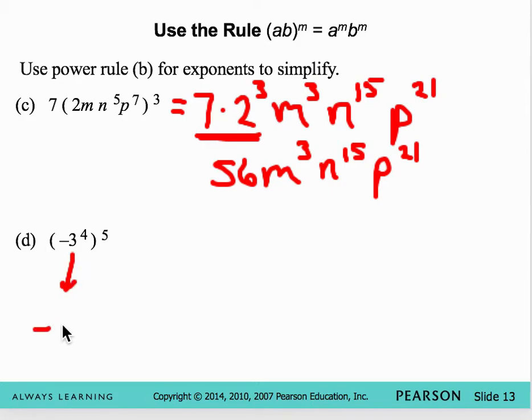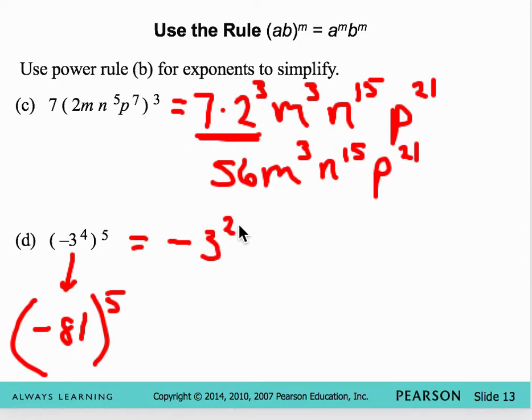That number is negative 81: 3 times 3 times 3 times 3, and 1 negative. But now that is raised to the 5th power. So if I had to multiply this out, I would have 5 negatives, meaning this final answer is going to stay negative. And then 3 to the 4 times 5 is 20.